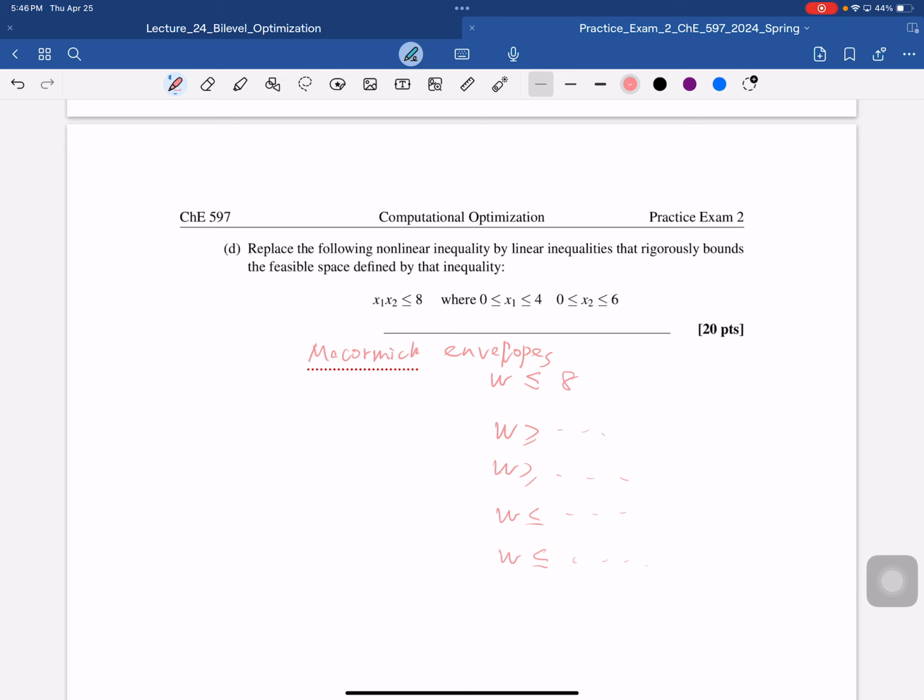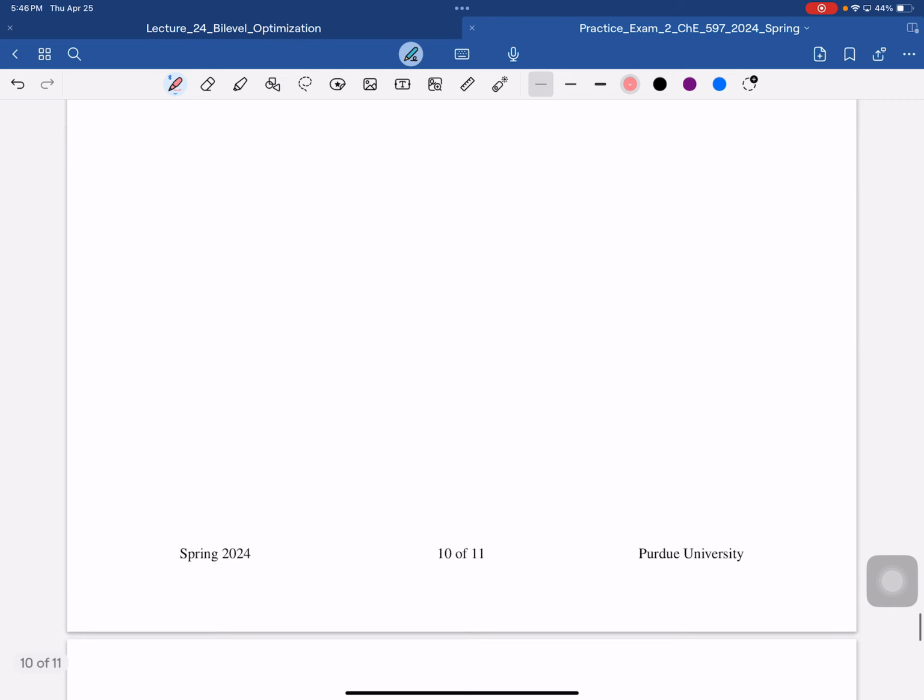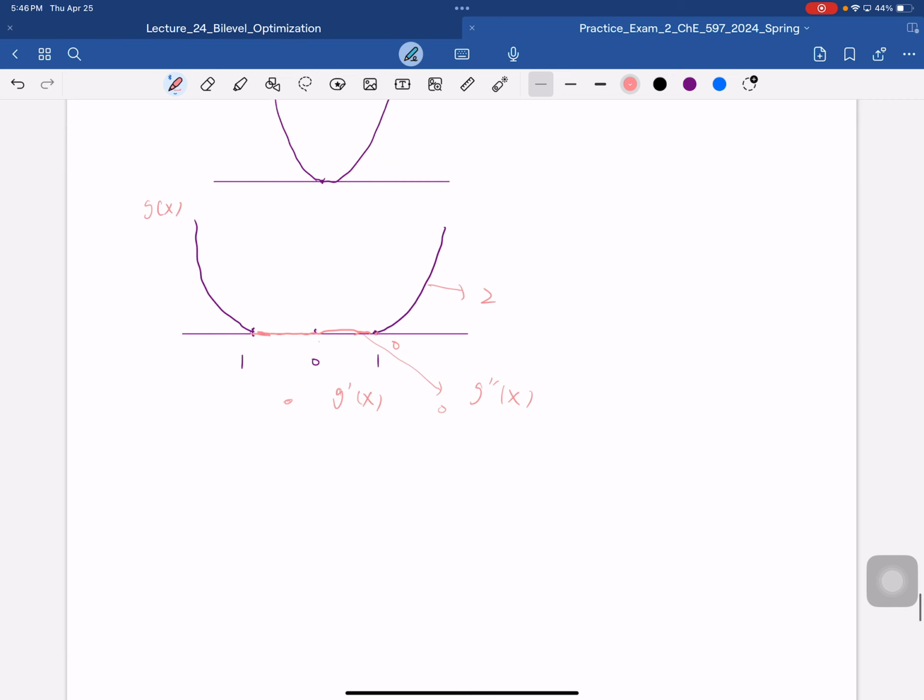If only the function is strongly convex and the constraints are just convex, I'm not so sure. I need to think about that. Perhaps we can use it as a practice exam question next year. Okay. Any questions here?